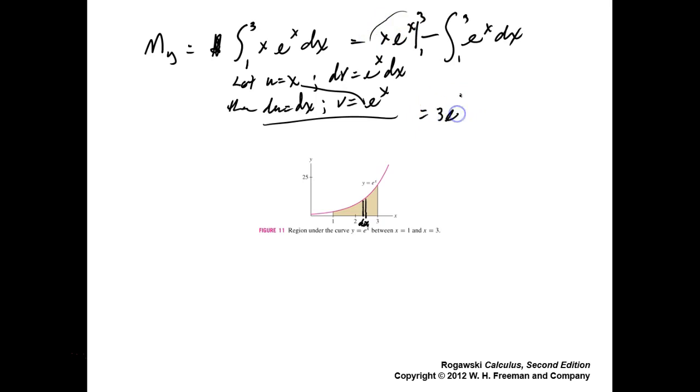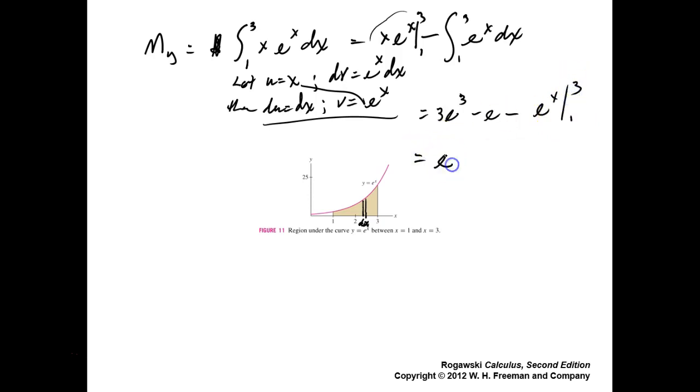3 e to the third minus e. Okay. Minus, and what do you have there? e to the x evaluated from 1 to 3.